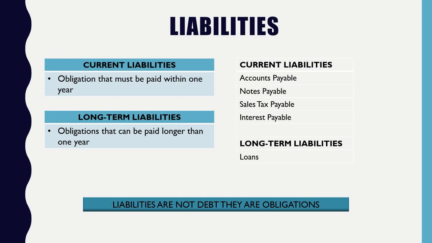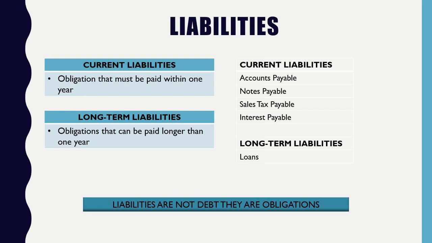Typical ones are your 30, 60, 90 days kind of ordeal. Other things could be 6-month ordeals. That is an example of a current liability: you would typically owe them within a year.